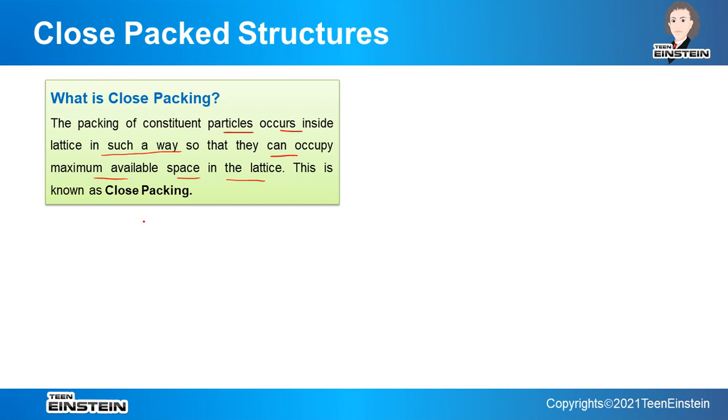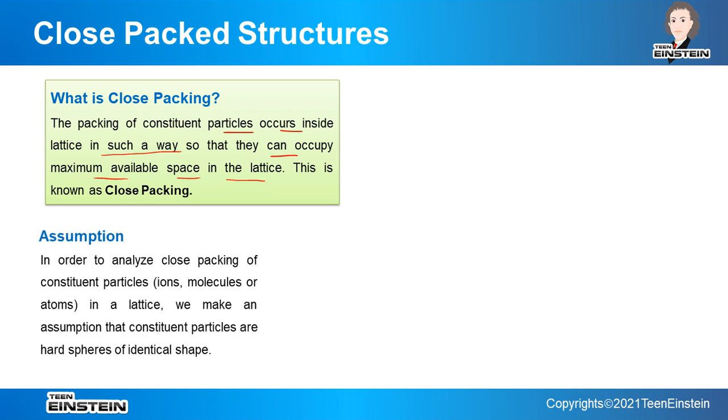So that is why this type of packing is known as close packing, and the structures will be called close packed. Okay, so there is an ordered arrangement, and this ordered arrangement happens in such a way so that there is minimum amount of vacant space available.